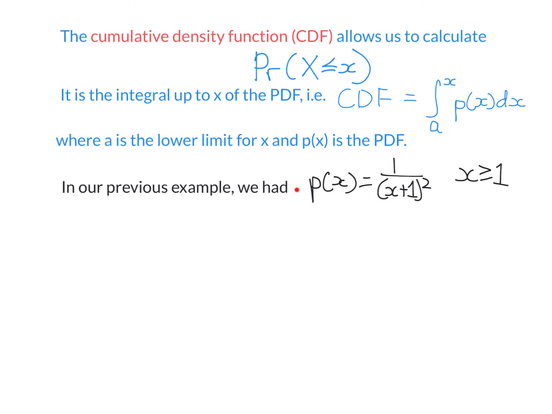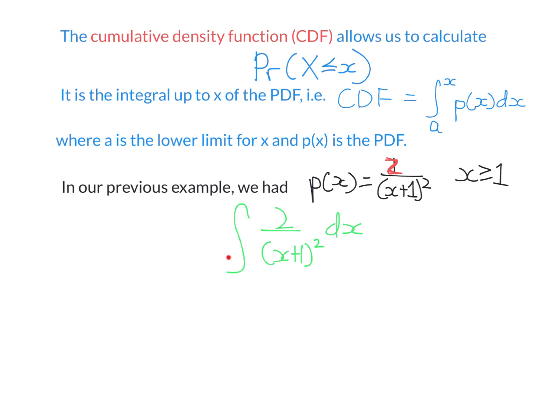So this was our PDF in the previous example. Remember, we had to change it to 2, so the area under the curve was 1. If I want to find the CDF of this random variable x, what I do is integrate the PDF. Once again, we're integrating. So now we have to think, what would be the limits of integration here, the two numbers that go here and here?